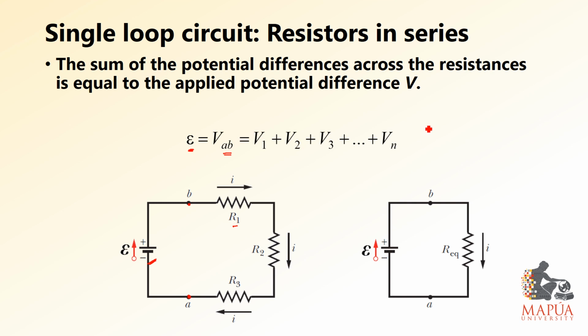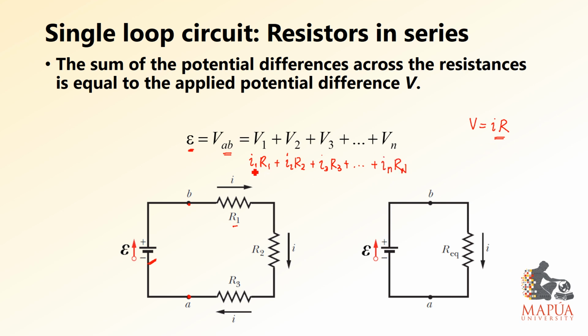Okay, now remember that for Ohm's law, the voltage across a resistor is equal to IR. So what does it mean? If you substitute this here, this becomes I1 R1 plus I2 R2 plus I3 R3, etc. up to In Rn.